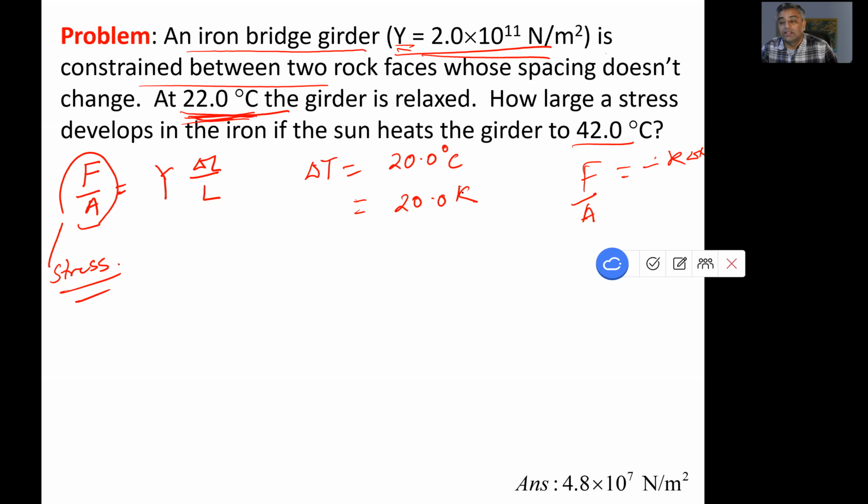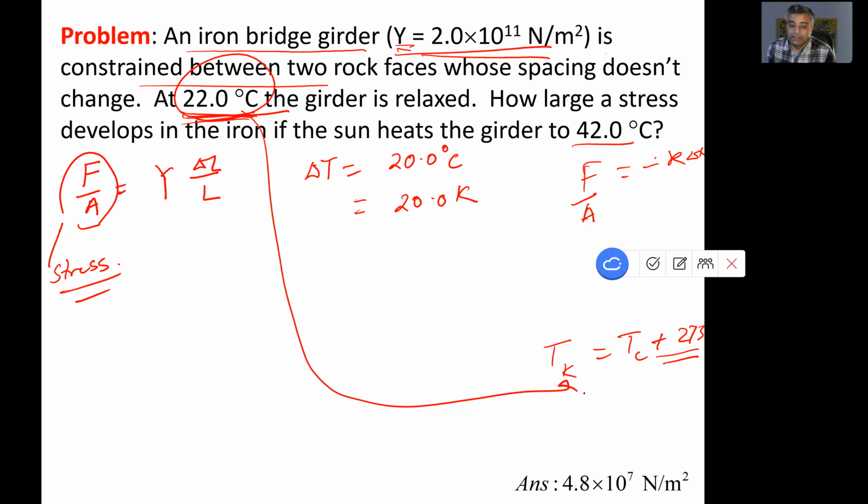Okay, so the change is the same, although the temperatures are not. For example, if you want temperature in Kelvin from Celsius, you need to add 273. So when you take the difference, this factor cancels out. So the change remains the same. If you like, you can change this to Kelvin, and this one also to Kelvin, and take the difference between the two numbers and you'll get the exact same number here.